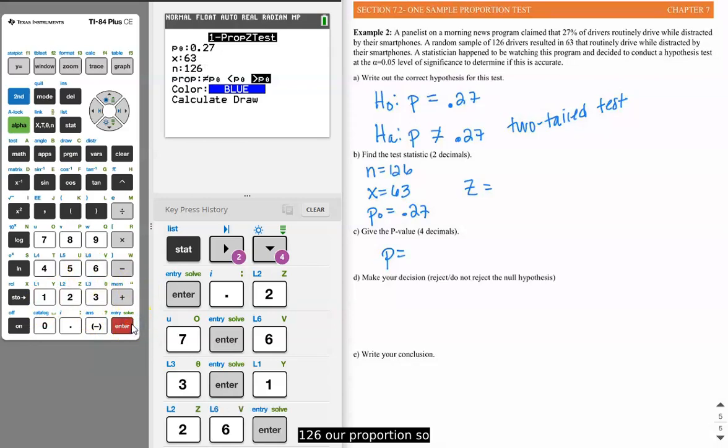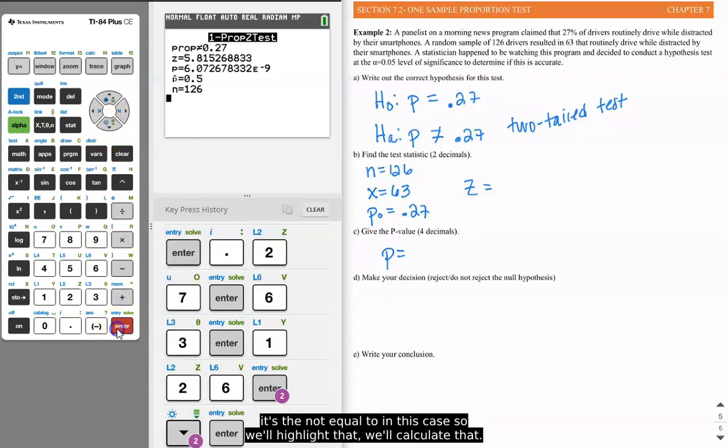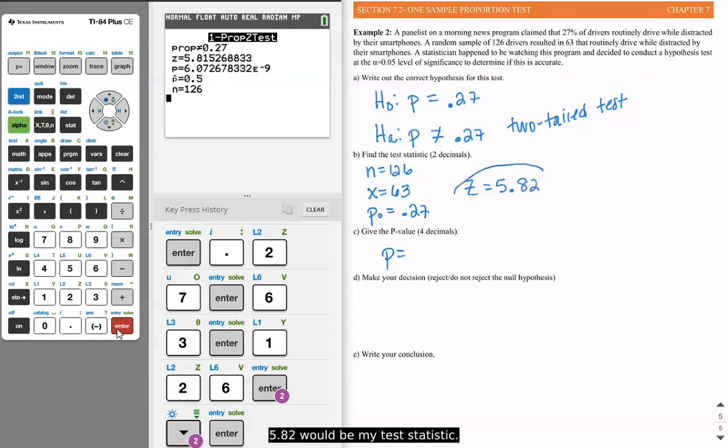For the proportion, it's the not equal to in this case, so we'll highlight that. We'll calculate that. So it looks like z is going to be, two decimals, 5.82. That would be my test statistic.